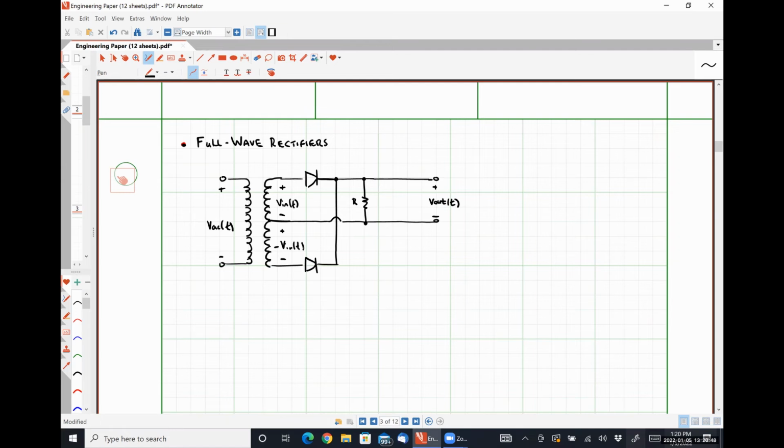So if we plotted the input-output relationship for this guy, it looks something like this.